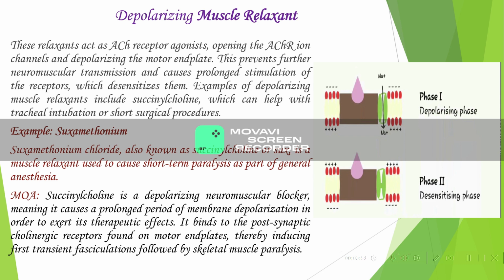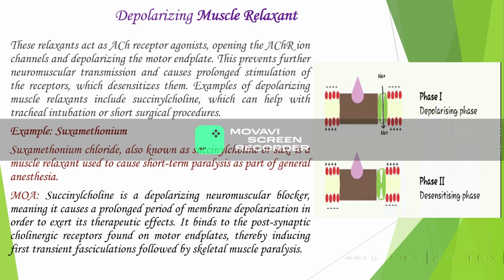This prevents further neuromuscular transmission and causes prolonged stimulation of the receptor, which desensitizes them. An example of a depolarizing muscle relaxant is succinylcholine, which can help with tracheal intubation or short surgical periods.